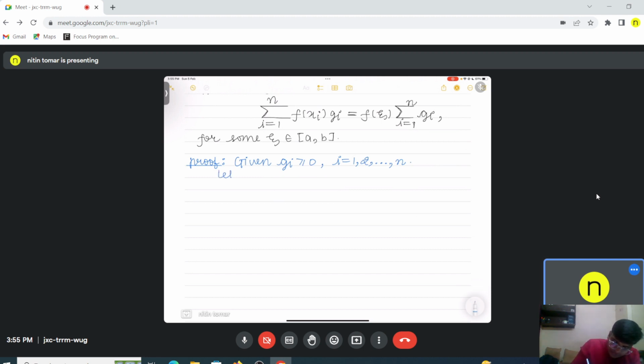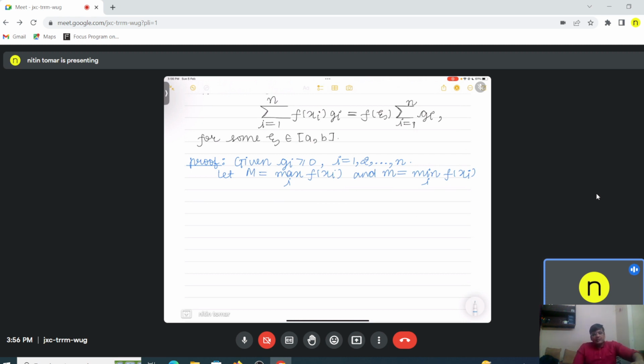Now let us define capital M to be the maximum of these f(xi), where the indexing runs over i, and small m to be the minimum of these f(xi). These are finitely many points, f of x1, f of x2 up to f of xn.